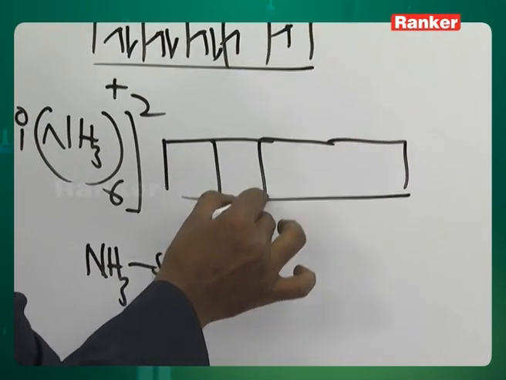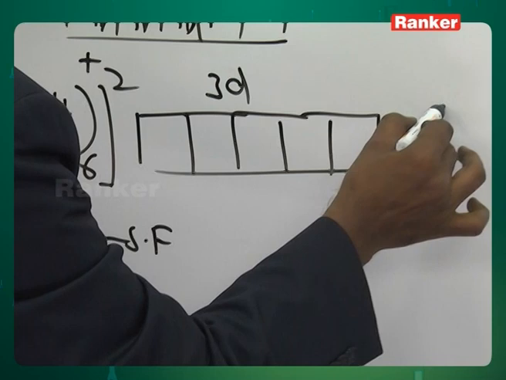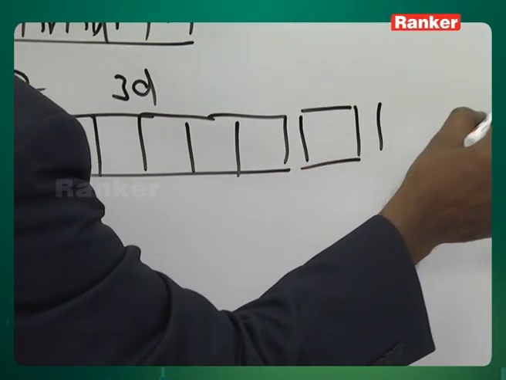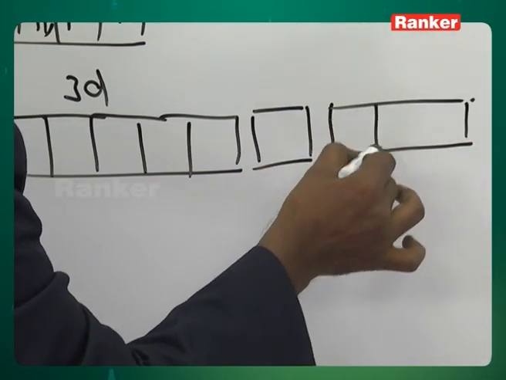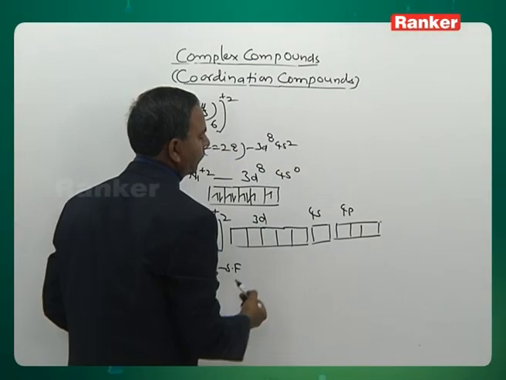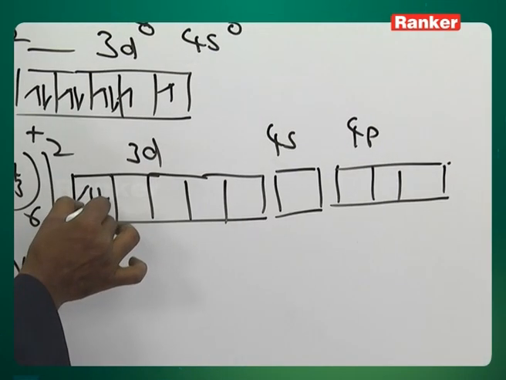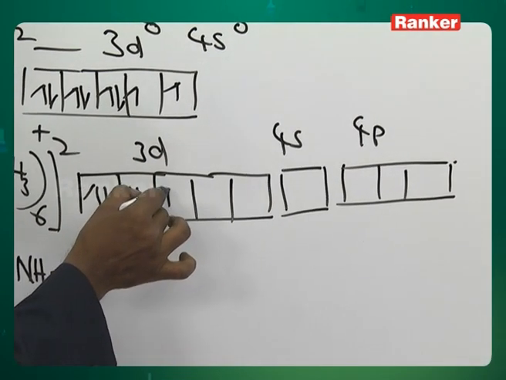This particular d8: 3d, 4s, 4p. Suppose electrons are getting paired here. I pair up these 8 electrons, let us check what happens.